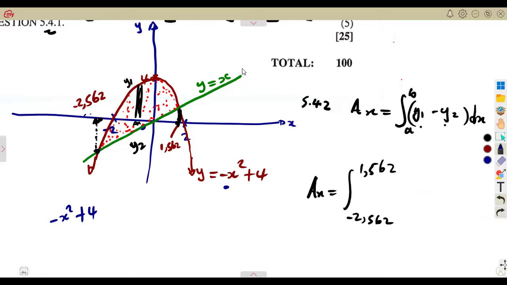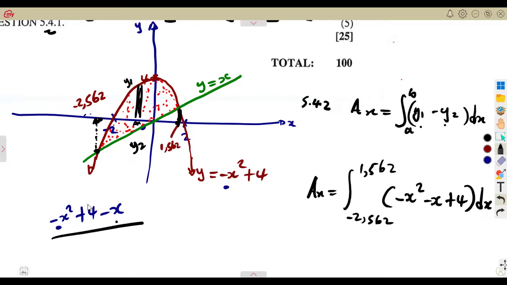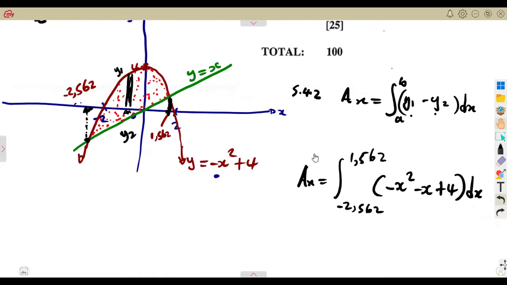So you're going to subtract x from this. This means we're going to remain with what? Minus x squared minus x plus 4. So this is what you're going to have by subtracting y1 minus y2. With this, we can integrate. Substitute the limits that you're given, we're done.